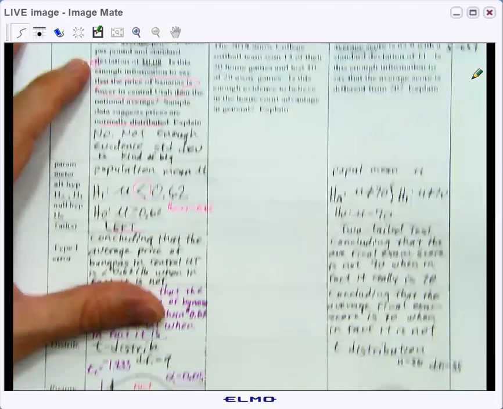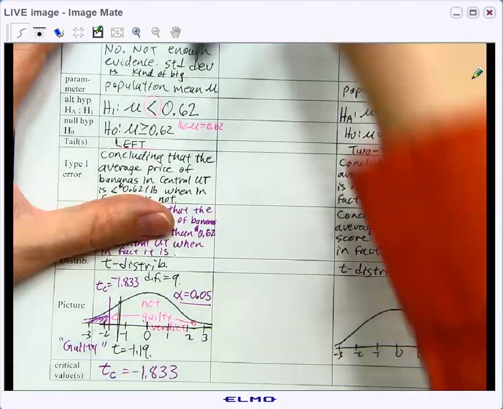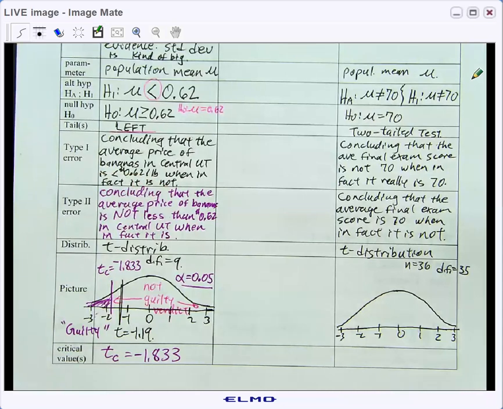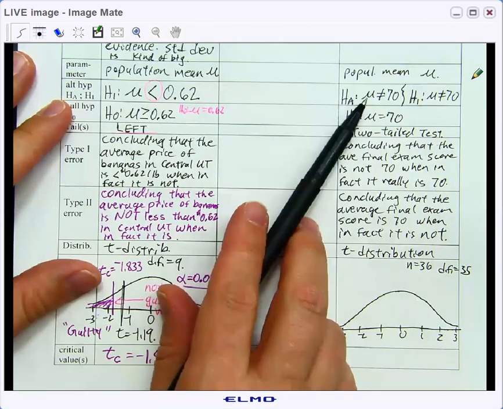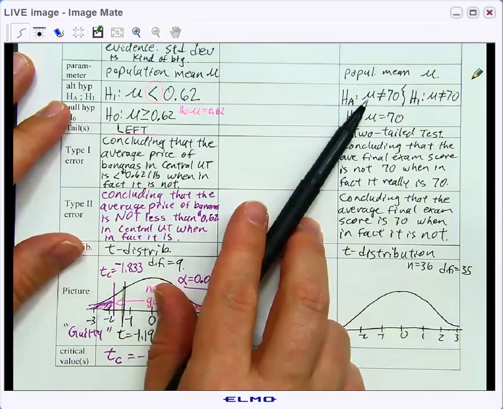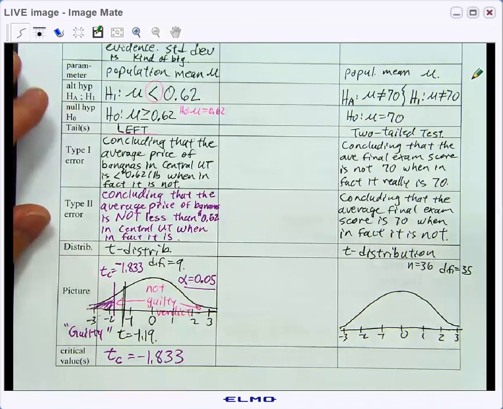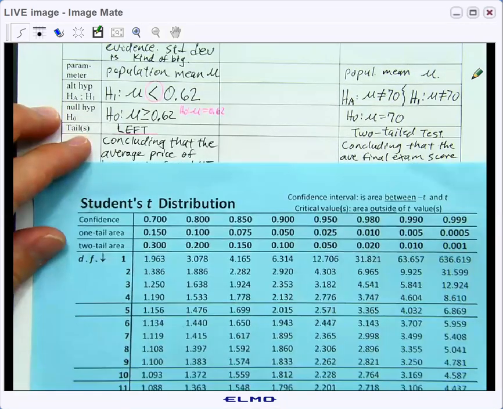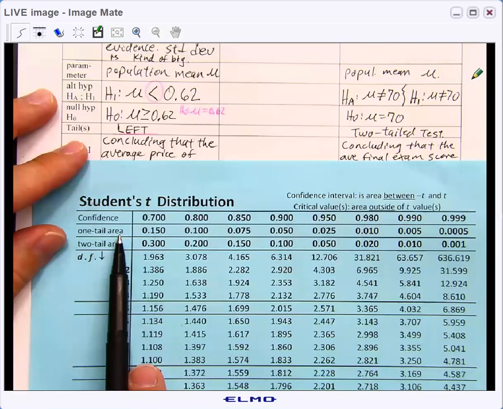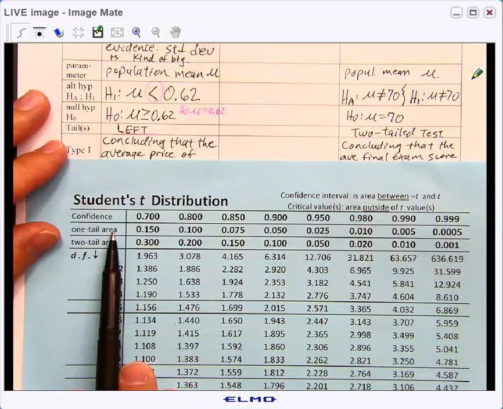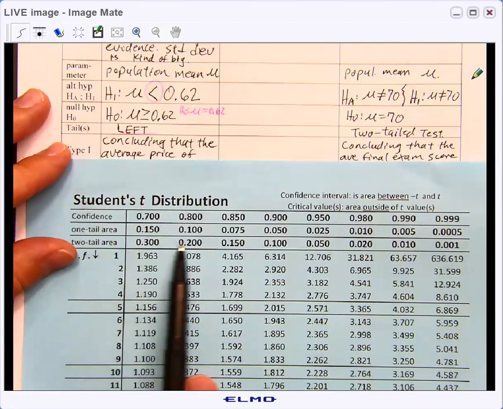All right. Oh, let me slide that up so you can see it. There we go. So we need to find the critical values because we could be different from 70 in the too high way or in the too low way. And so we're going to pull out our t-distribution. And since this has two tails, because we could either be too high or too low when we're being different, we're going to look at the two-tail area row.